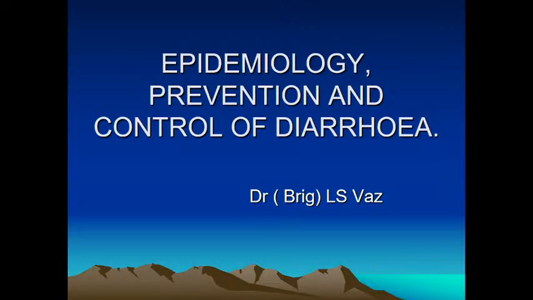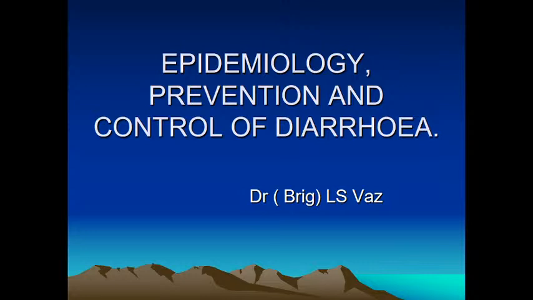Diarrhea per se is one of the biggest problems in children. So can you tell me which are the two most commonest diseases in children? One, diarrhea, which we mentioned, and the other one is respiratory group diseases.